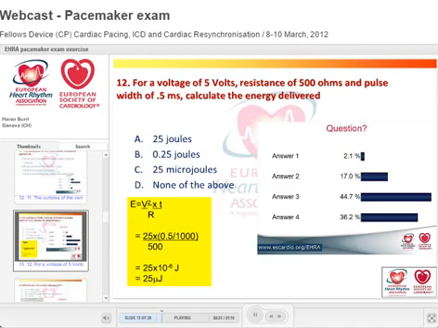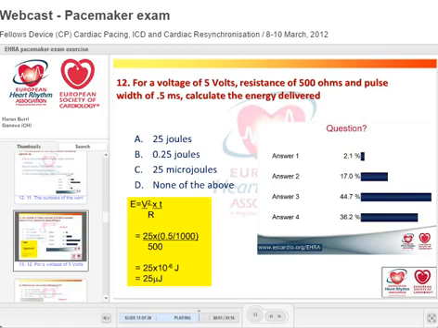If you remember your formula, energy is voltage squared times time divided by resistance. That's the concept you need to know, and that's why the pulse amplitude you program for pacing is very important. It's going to influence considerably the device longevity.